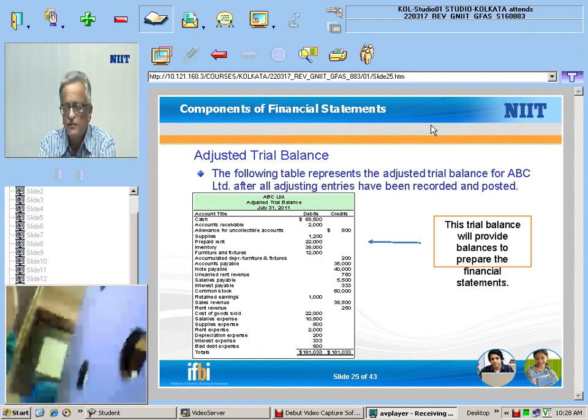So, sales revenue. Sales revenue. Anything else? Rent revenue. Okay. Anything else? Cost of goods sold.